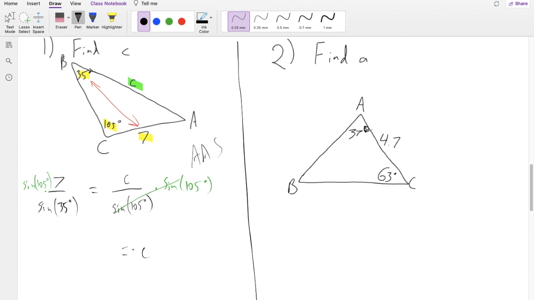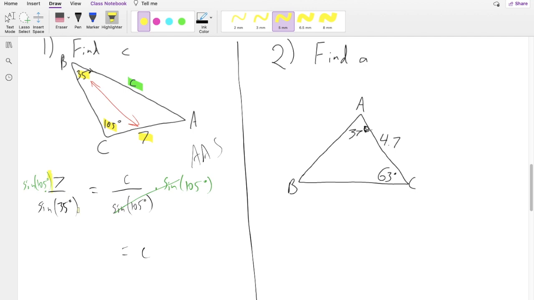Since we're working with degrees, make sure you have your calculator in degree mode. You should see a DEG or a D somewhere at the top of your calculator, and that will tell you that you are in the correct mode. So we have the sine of 105 times 7 divided by the sine of 35. Make sure that you are closing off your parentheses.